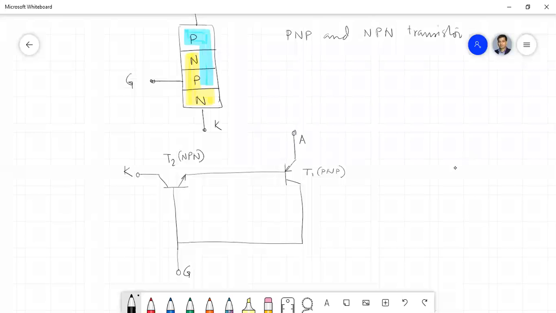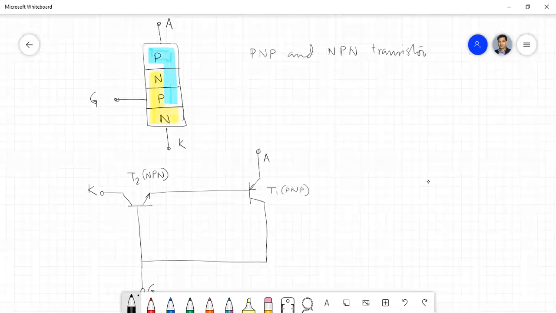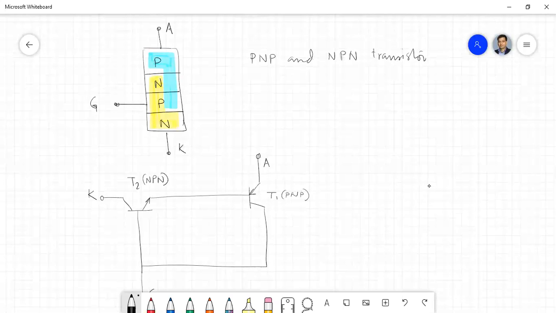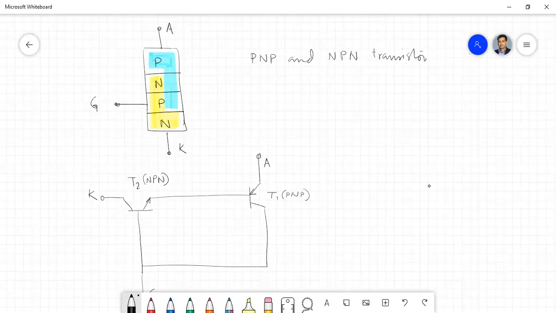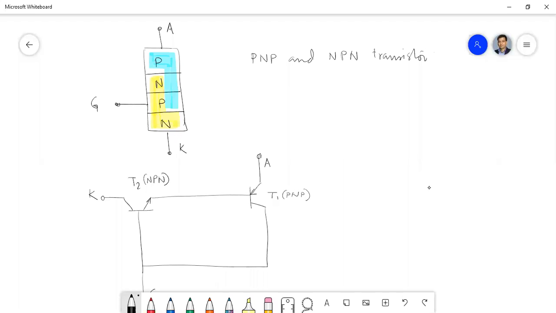Can you visualize the similarity between this thyristor and these two transistors? Look carefully. Okay.